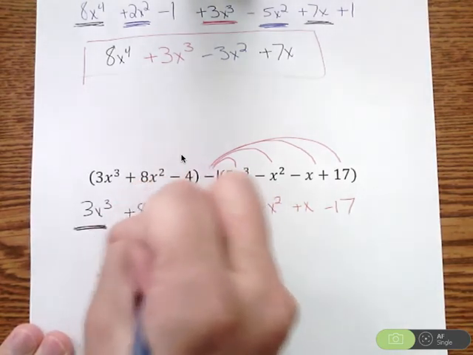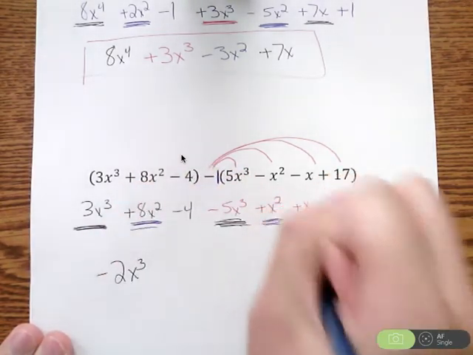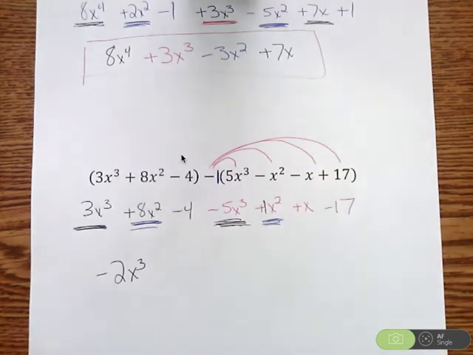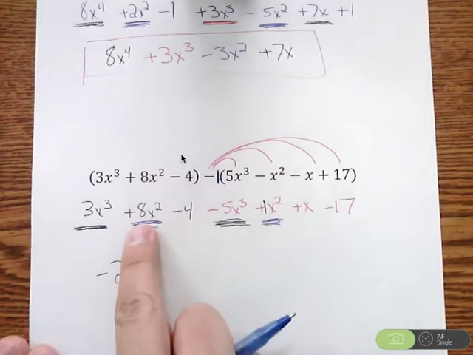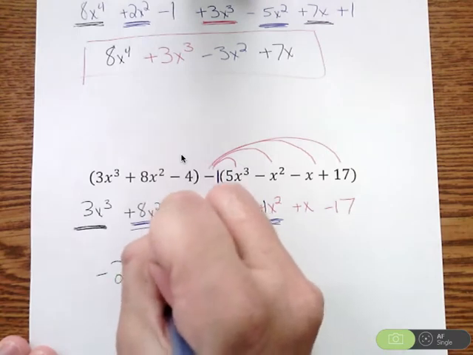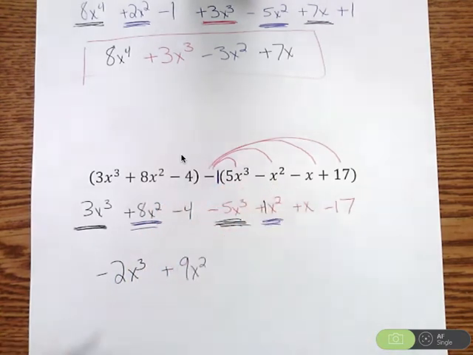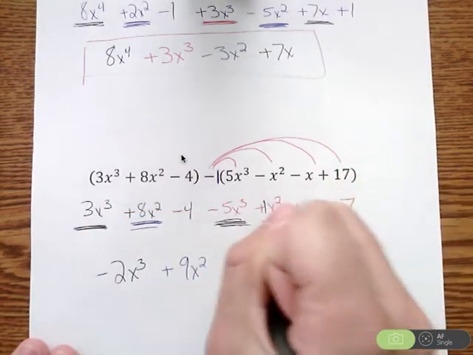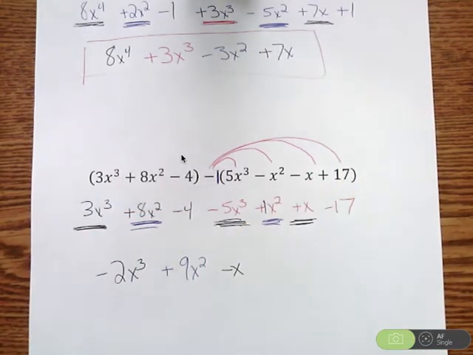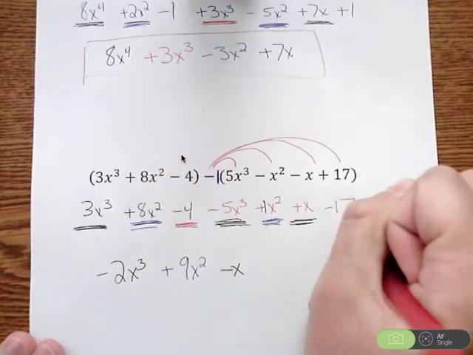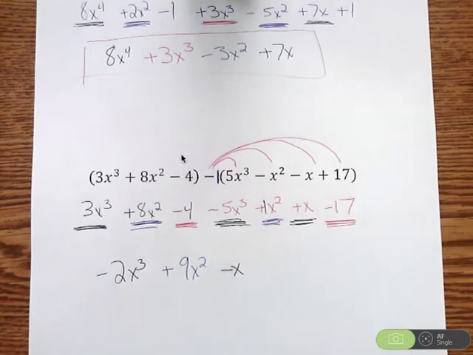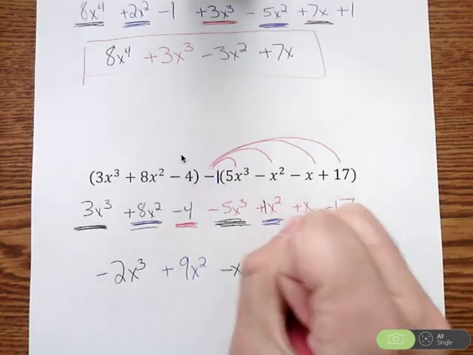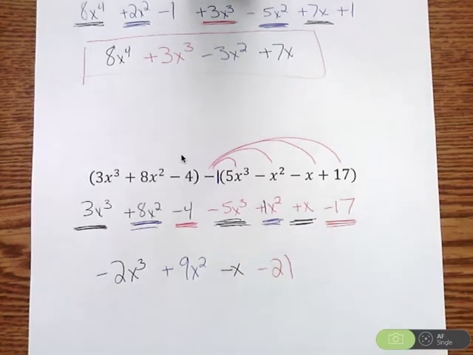I have 8x squared, and that's a 1x squared, even though it looked like there's no number there. 8x squared plus 1x squared is 9x squared. Then go to my x's. I just have this plain old plus x. And then I have minus 4, or a negative 4, minus 17. And that will give you negative 21.